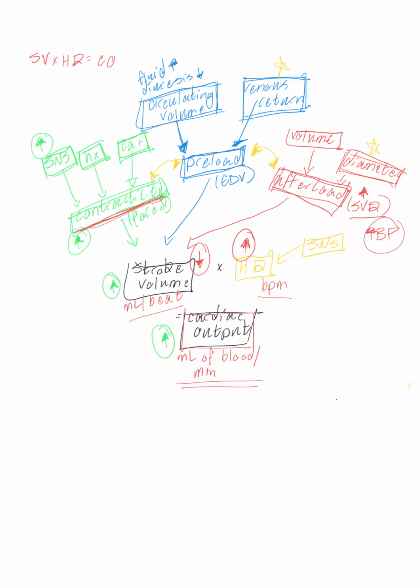So stroke volume actually affects the heart rate, so I'm going to add this here. What else affects the heart rate? The sympathetic nervous system, because it's epinephrine that tells our heart to beat faster. Those are just a couple of the relationships in the cardiac formula, and we could get even deeper into these relationships. We won't get into that right now, as long as you understand the basics.